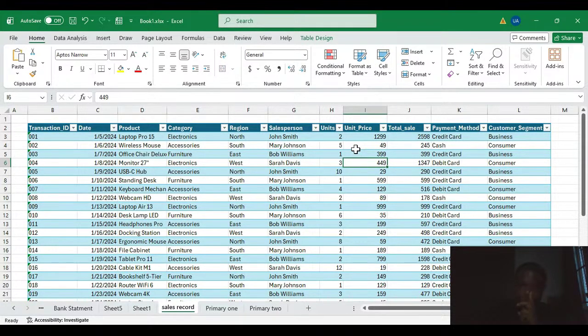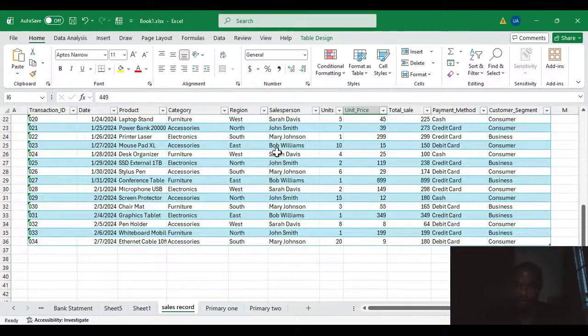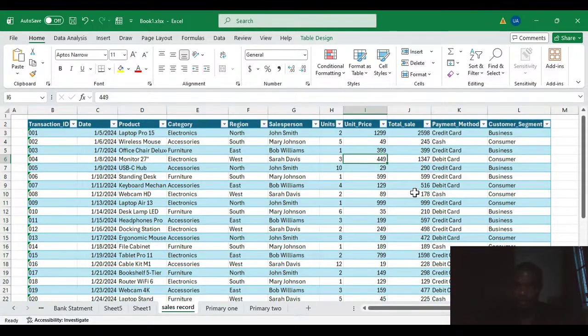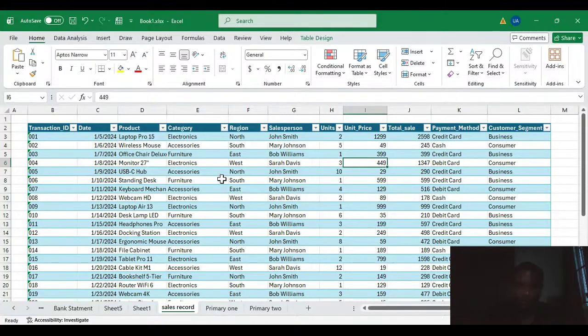So if I come here, this is for the unit, and we are looking for the total sales in the North region. This is the North region. Let's go down and verify. So what was the amount again? Okay, I have the North region here, and I have 1,298.